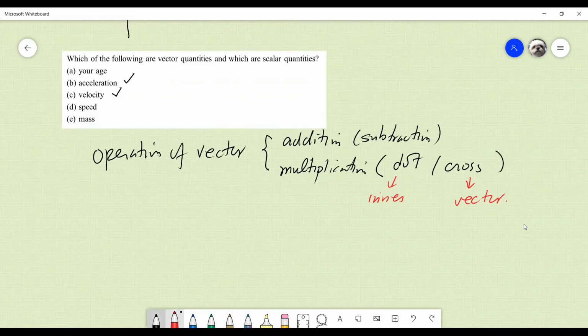Now, if I want to operate on vectors, we can add them. We have two types of methods to find the result. The graphical method means we use drawing to find the resultant.